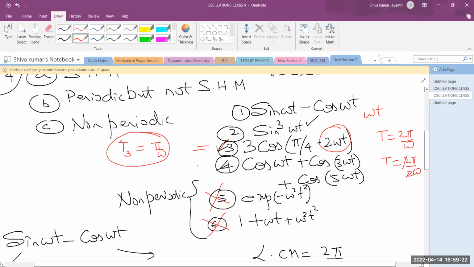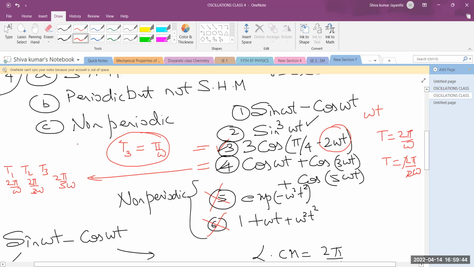Similarly, this also I will tell you. What is the time period of this? The day we did this problem, what was that? T1, T2, T3. Three periods will be there. First one is 2 pi by omega. Second one is 2 pi by 3 omega. Third one is 2 pi by 5 omega.